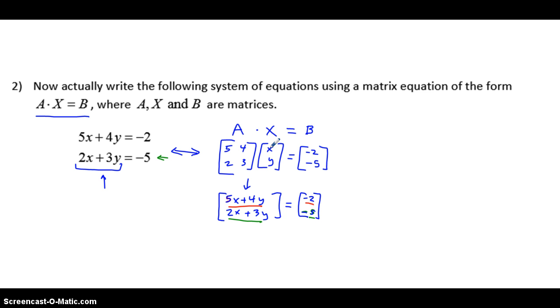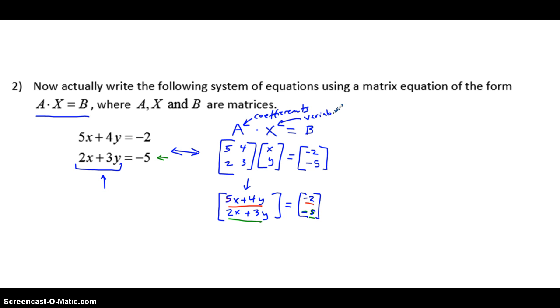If I execute the multiplication on the left side and set it equal to the right side, and set the elements equal, I'll have this system exactly represented here with A, X, and B. Notice what the entries in these matrices are. This A matrix is going to be the coefficients of the system, and it's important to have those in order. Notice how the x's and y's are in order over here. This X matrix is going to be the variables.